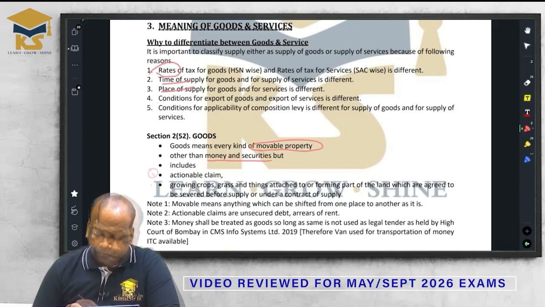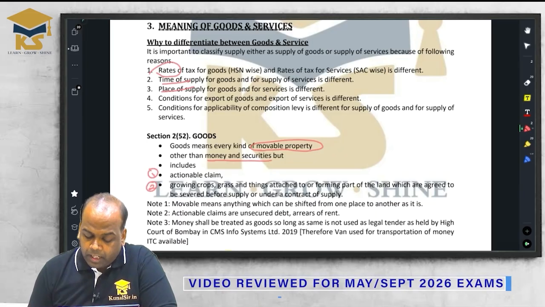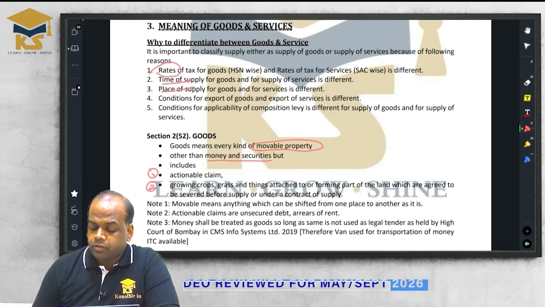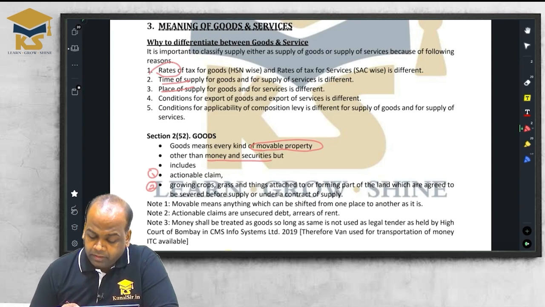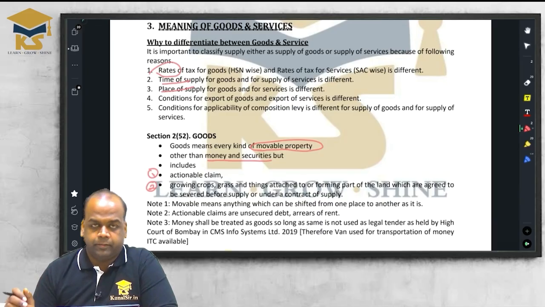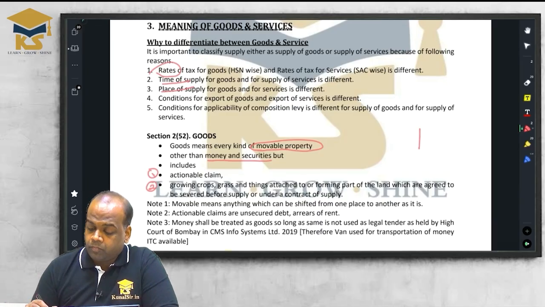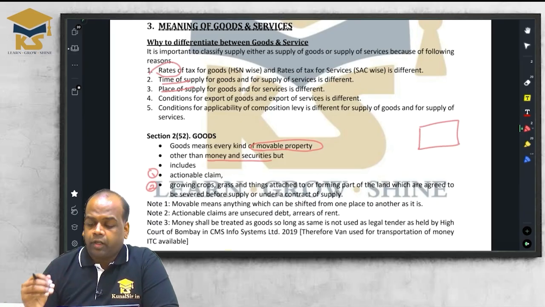actionable claim. Second inclusion, growing crops, grass or things attached to or forming part of land which are agreed to be severed before supply or under a contract of supply. Now understand this thing. There is a land. I have made a contract to sell this part of land to someone. Now whether this contract to sell this land is supply or not?